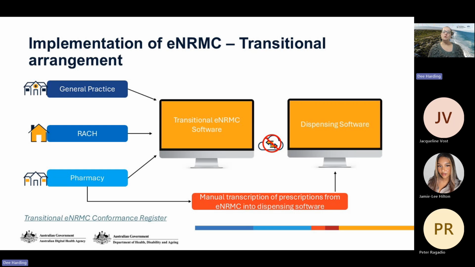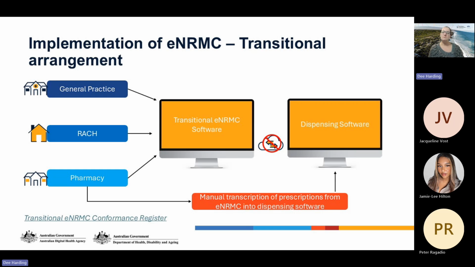So a temporary solution was put in place: the implementation of the transitional arrangement, which many of you may be across. In July 2022, the Department of Health, Disability and Ageing introduced the eNRMC transitional arrangement. This essentially has proven to be a temporary fix.